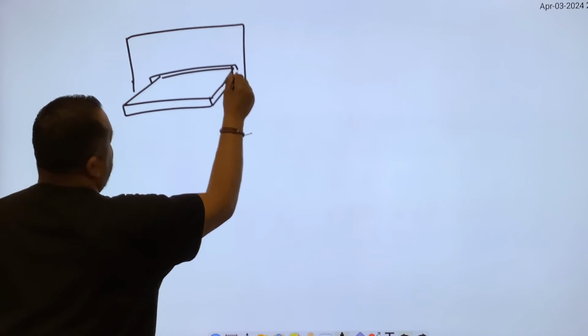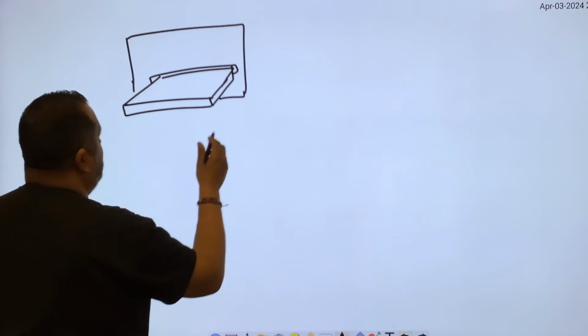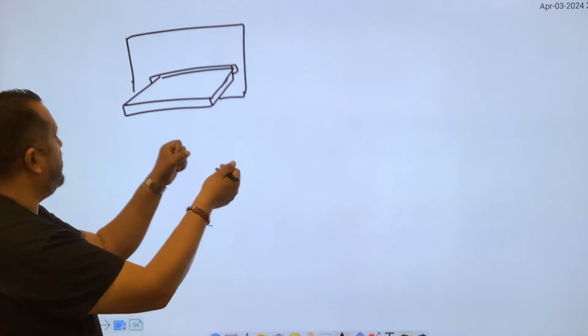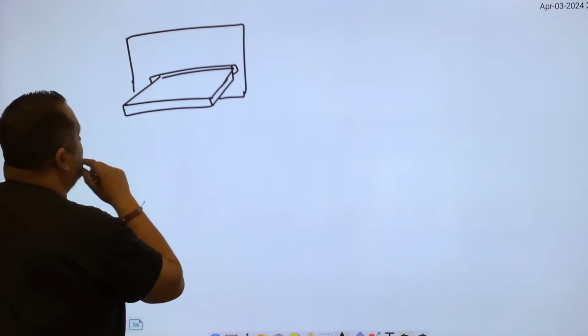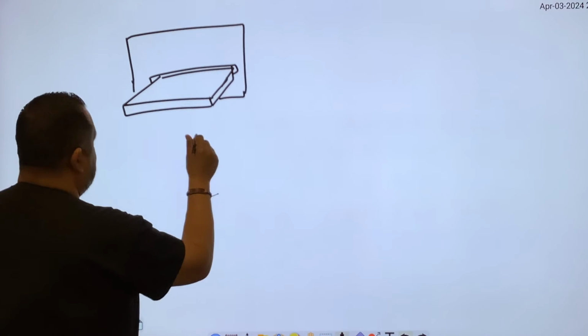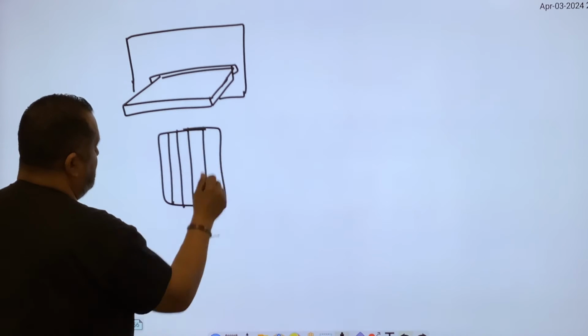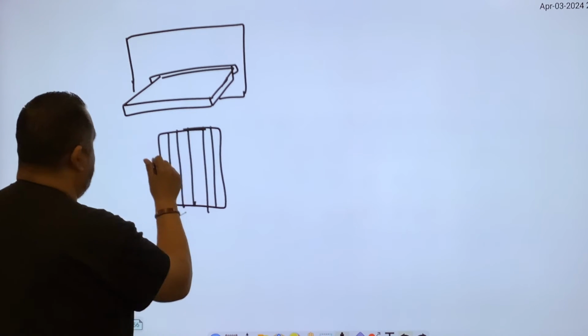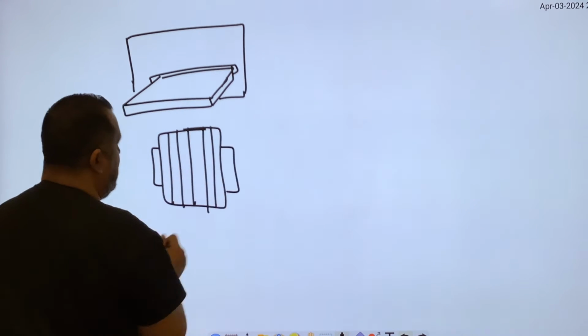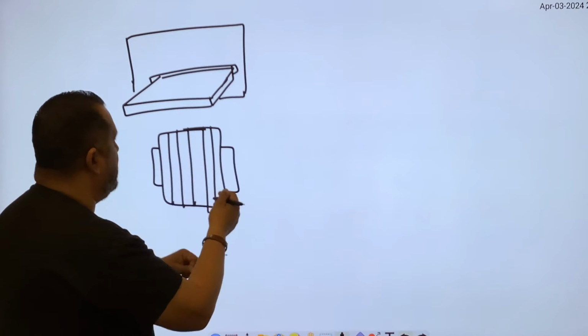All right, so here's our CR reader. You put your PSP cassette into the reader, and let's say you took an X-ray, and let's say here, this is the grid lines, and this was your PSP here.